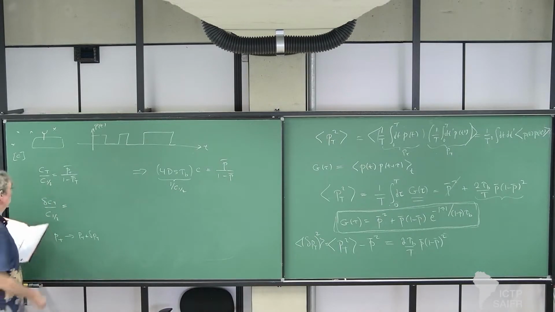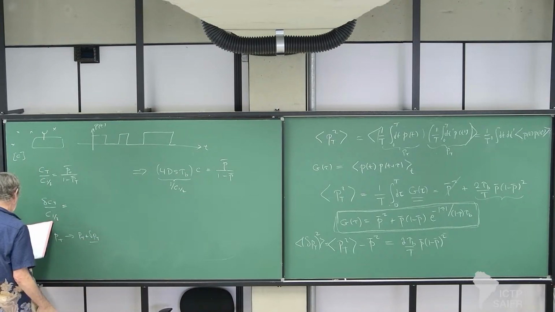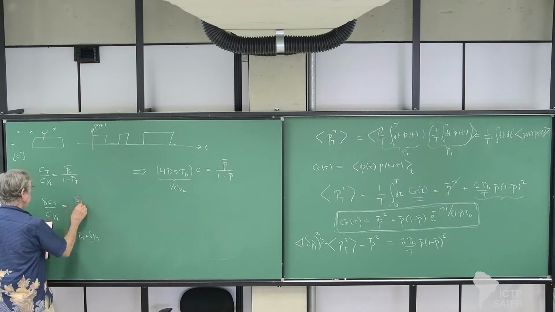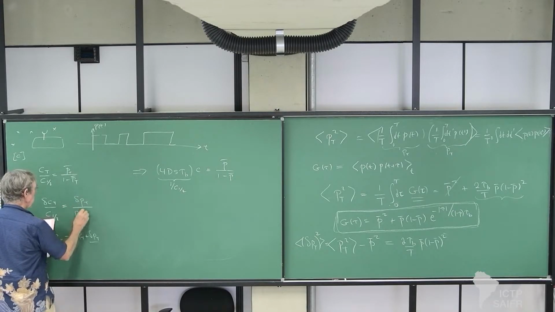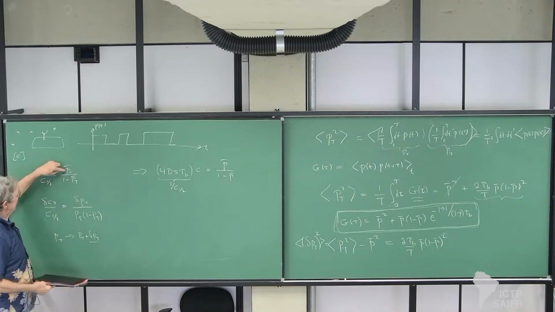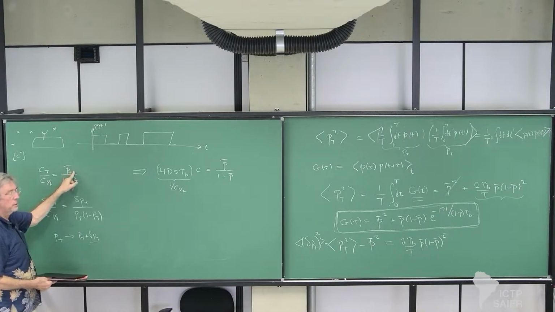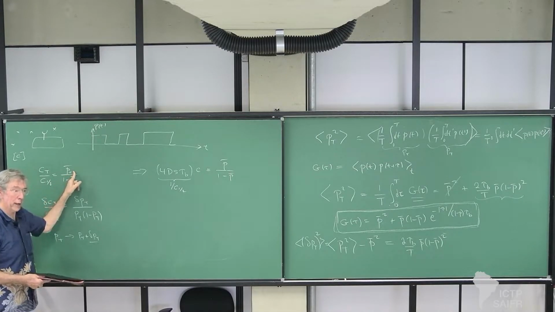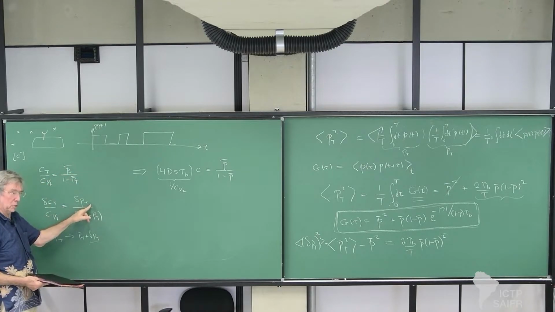So just doing this little delta exercise, I find that this is delta PT divided by PT times 1 minus PT. I just take this and replace PT by PT plus delta and subtract the starting value, basically take the derivative, and this is what I get.